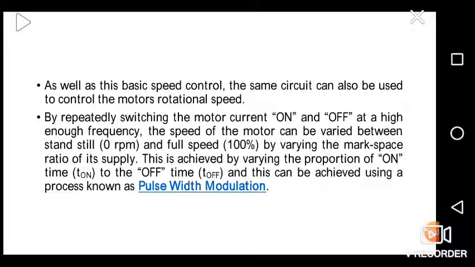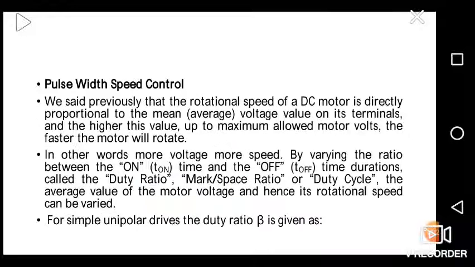The speed of the motor can be varied between standstill, that is 0 rpm, and full speed by varying the mark space ratio of its supply. This is achieved by varying the proportion of on time to off time, and this can be achieved using a process known as pulse width modulation.